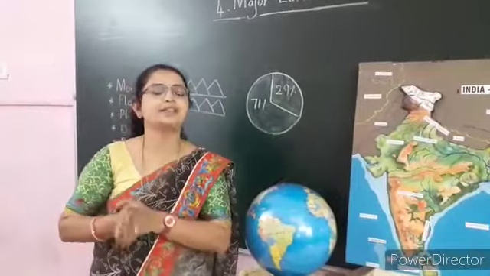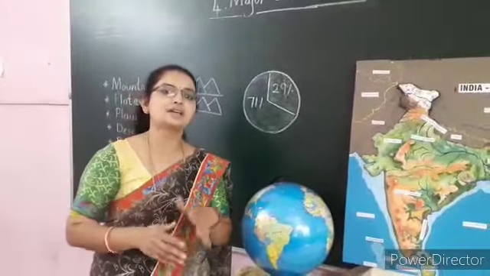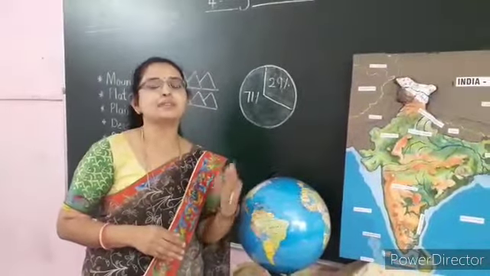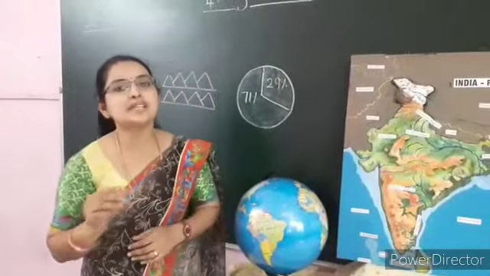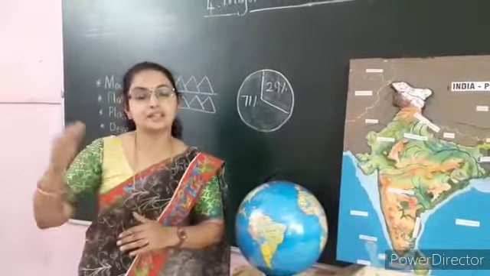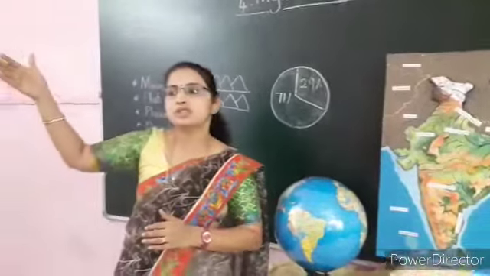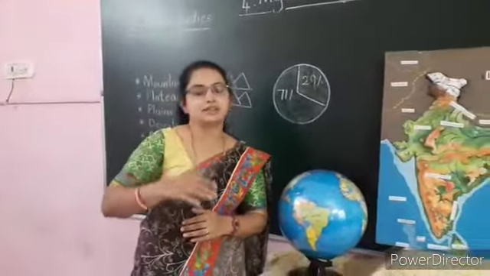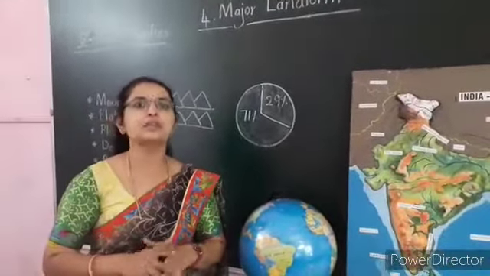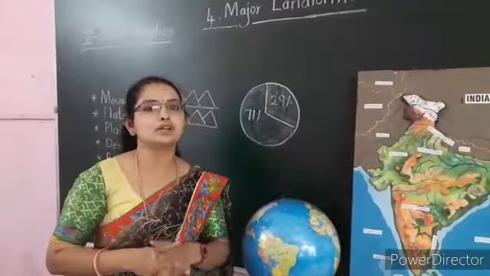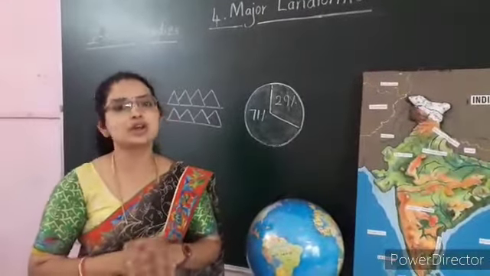Most plateaus are in dry regions and on the leeward side of the mountains. Leeward side means the direction toward which the wind is blowing. Due to high altitude, the climate is cold. The growing season is short.